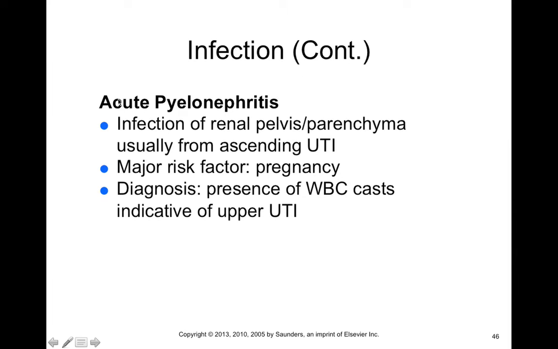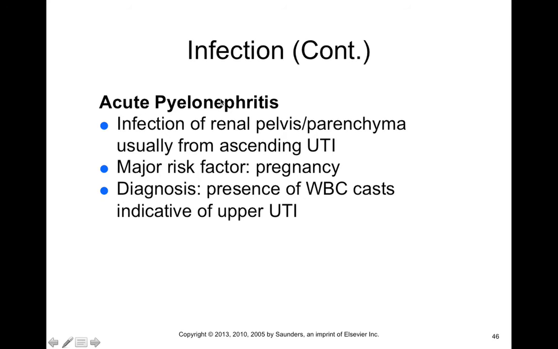Now, acute pyelonephritis is where you have infection of the kidney, and it usually comes from an ascending UTI. One of the major risk factors for acute pyelonephritis is pregnancy, because with pregnancy you can get some extrinsic pressure on the ureters and the bladder, which can make it more prone to reflux of urine, and having that dirty urine work its way back up into the ureter and kidney.